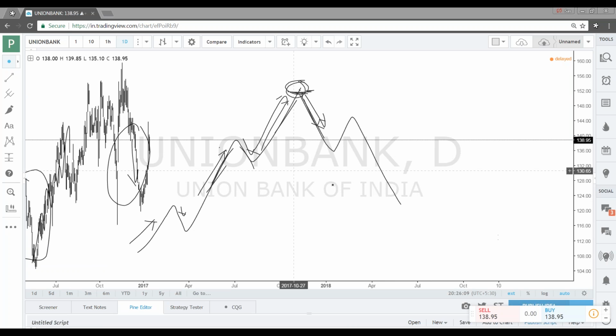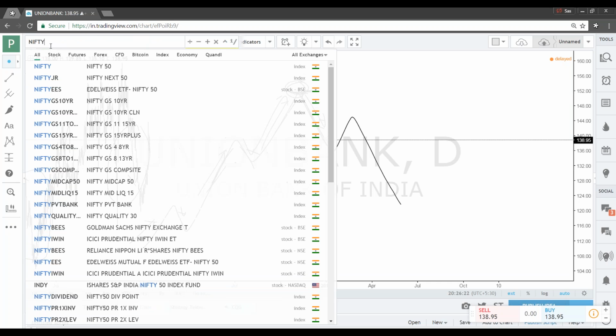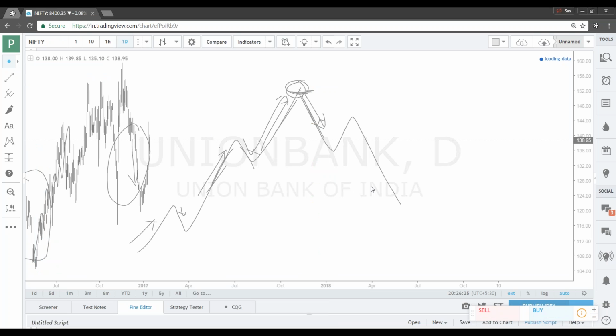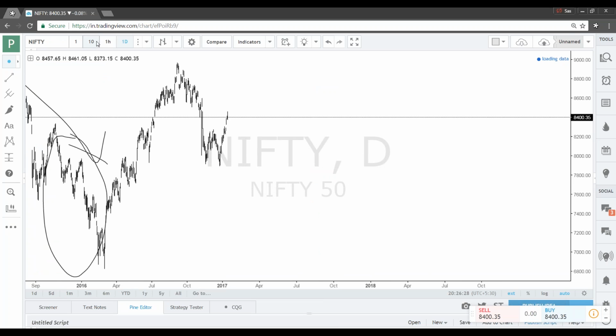By the way, 8443, this level was predicted on December 30th. If you scroll up to see the messages sent on December 30th, this level where Nifty fell yesterday was predicted on December 30th, right? I think those who were in this group would have seen that message.